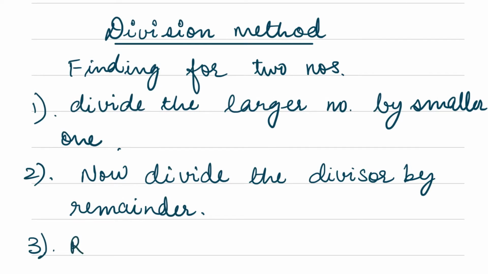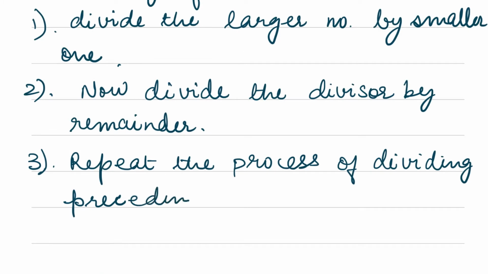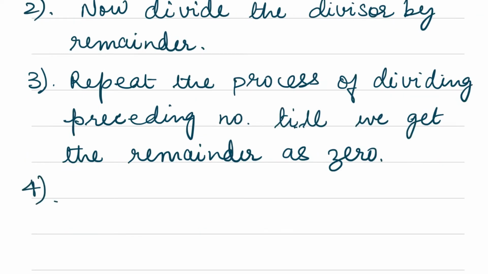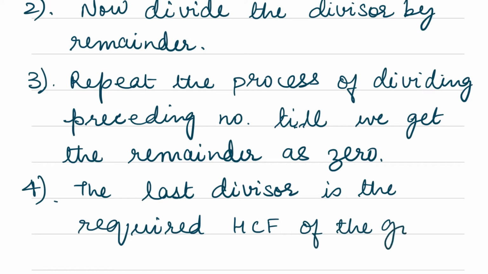Then we need to repeat the process of dividing the preceding number till we get the remainder as 0, and the last divisor is the required HCF of the given numbers.